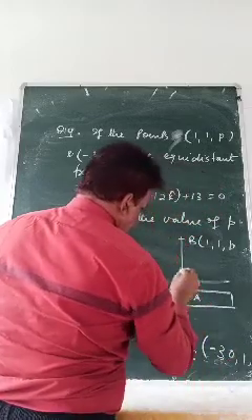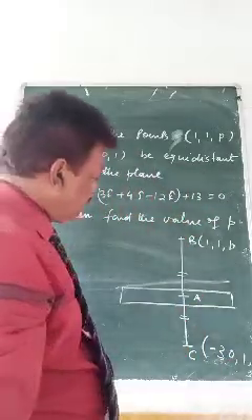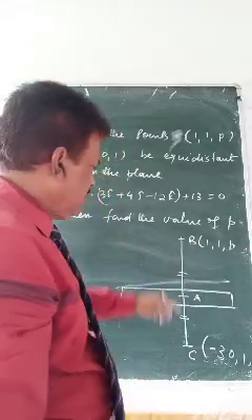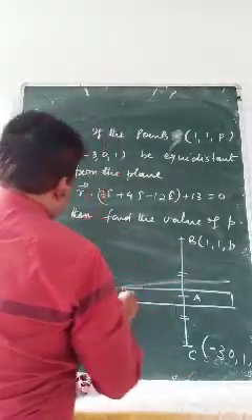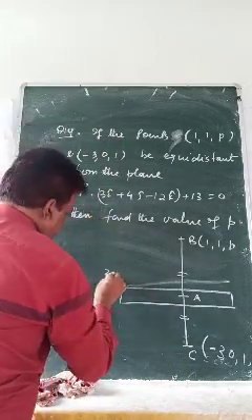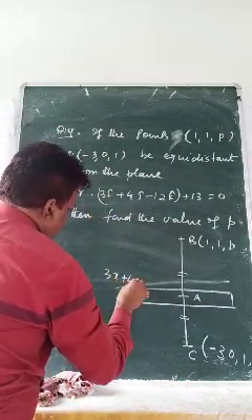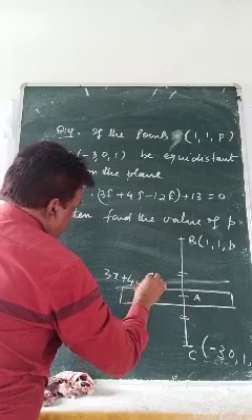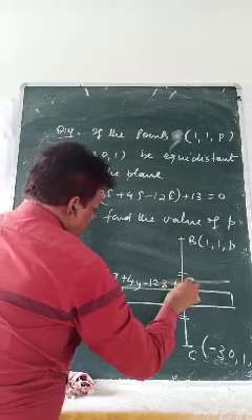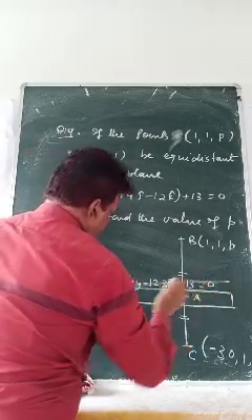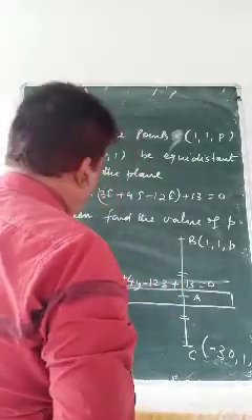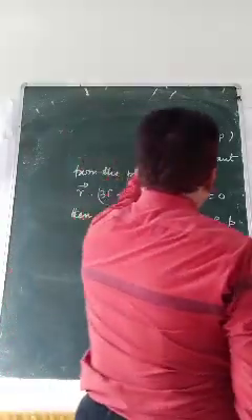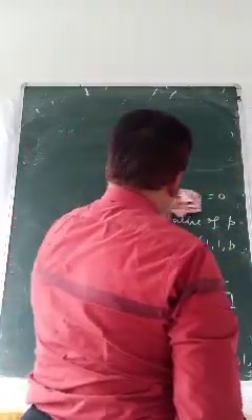Means this distance is equivalent. So, which formula are you going to use? Distance of the point from the plane. What is this plane here? The plane is, if you write, 3x plus 4y minus 12z plus 13 equals 0. This is the plane now. From this plane, distance of the point from the plane. Formula I have already given you.